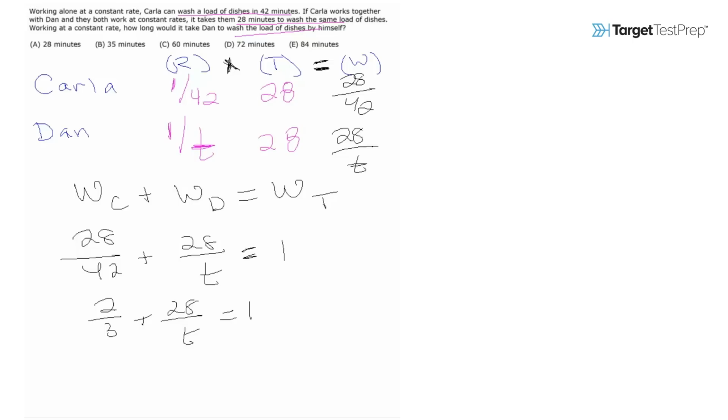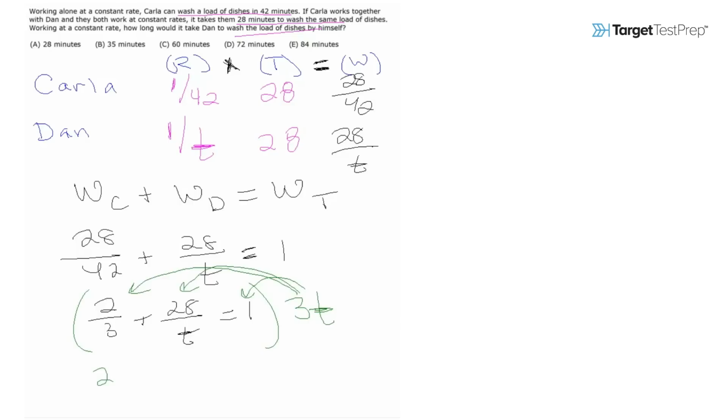Now what we want to do is get rid of these fractions as soon as possible. So we'll multiply the entire equation, each term, by 3t, because 3t, guys, is the least common denominator here. And remember that 3t has to multiply by this term, by this term, and by this term. And when we do that, what do we get?